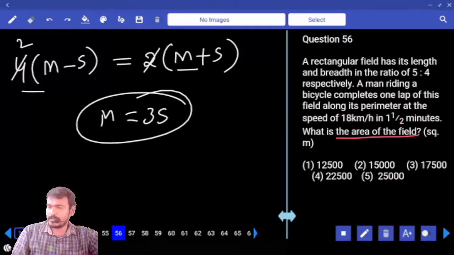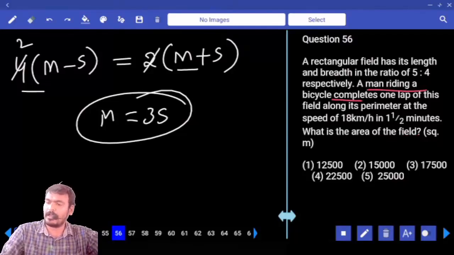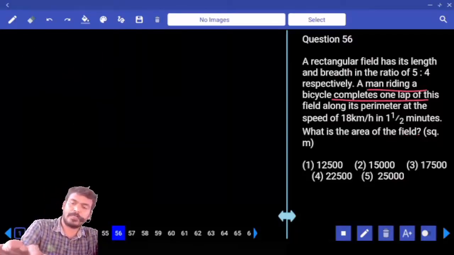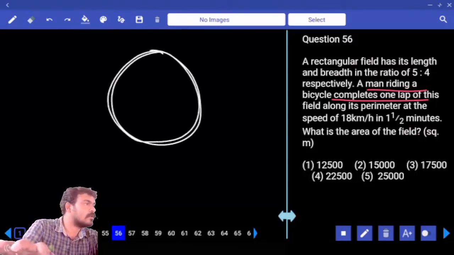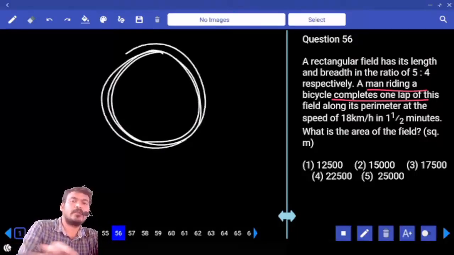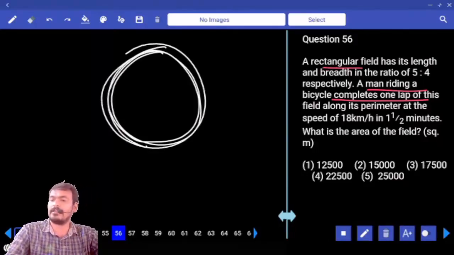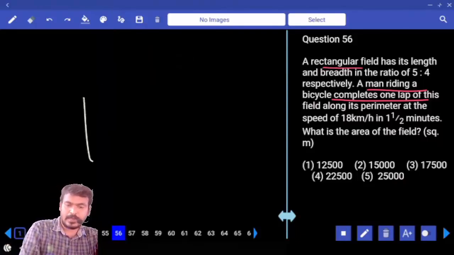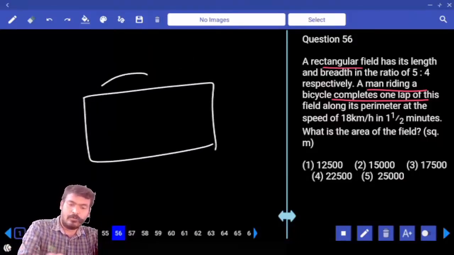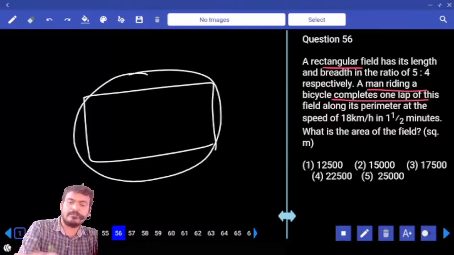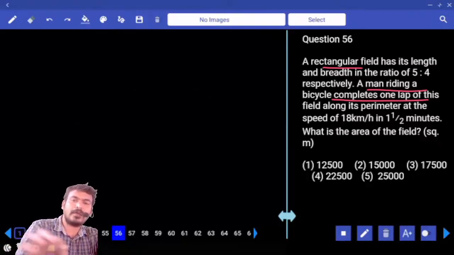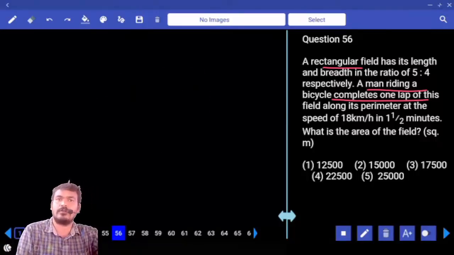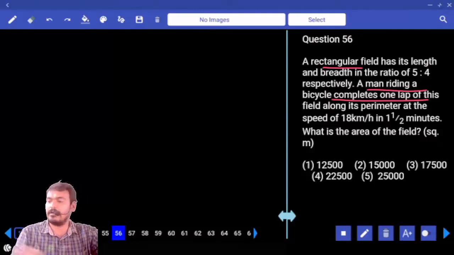First of all, a man riding a bicycle completes one lap of this field. Complete one lap of a rectangular field means it is perimeter or area? Perimeter. So the perimeter of the rectangular field is equal to the distance covered in 1.5 minutes.